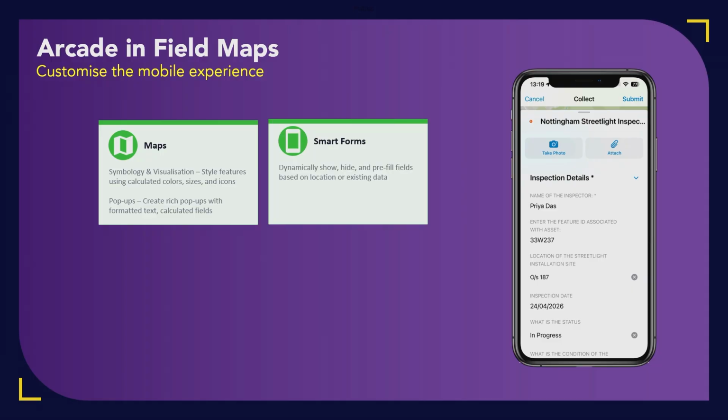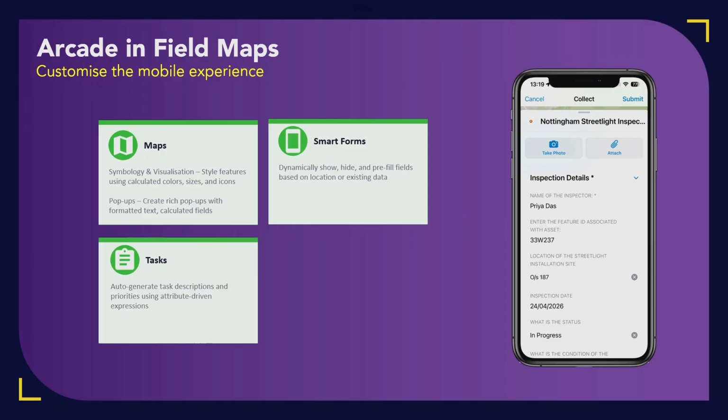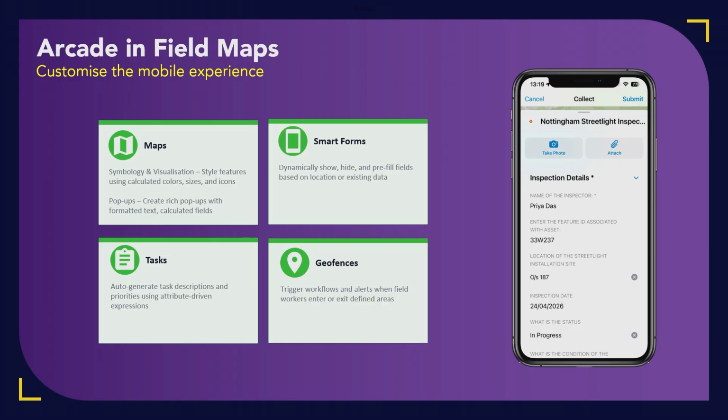It enhances smart forms by making them more dynamic, for example, showing or hiding fields and applying calculations automatically. It supports tasks and workflows, guiding users through what they need to do in the field. With geofences, Arcade triggers location-based behavior, adding context-aware actions.